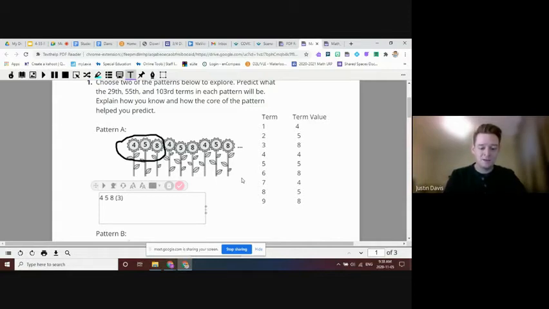So in brackets, I'm just going to write 8 is the third term. So that means if I kind of count by 3s, so 4, 5, 8, that means 8 would also be the sixth term.